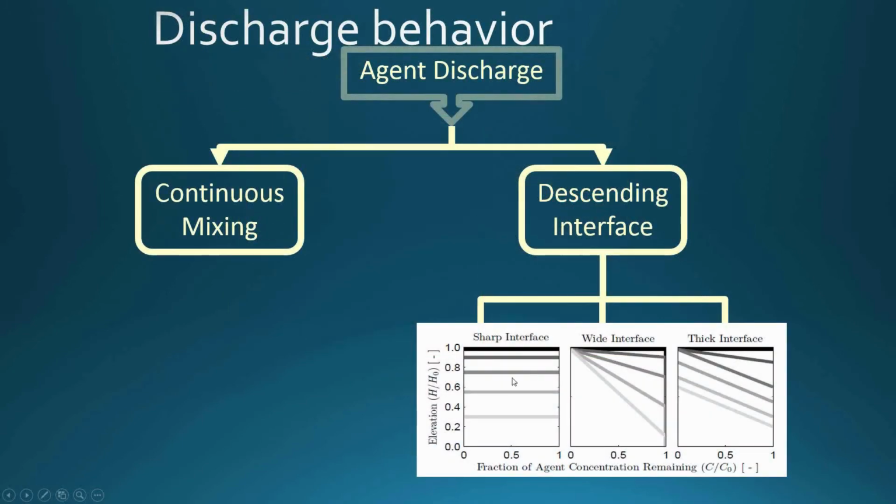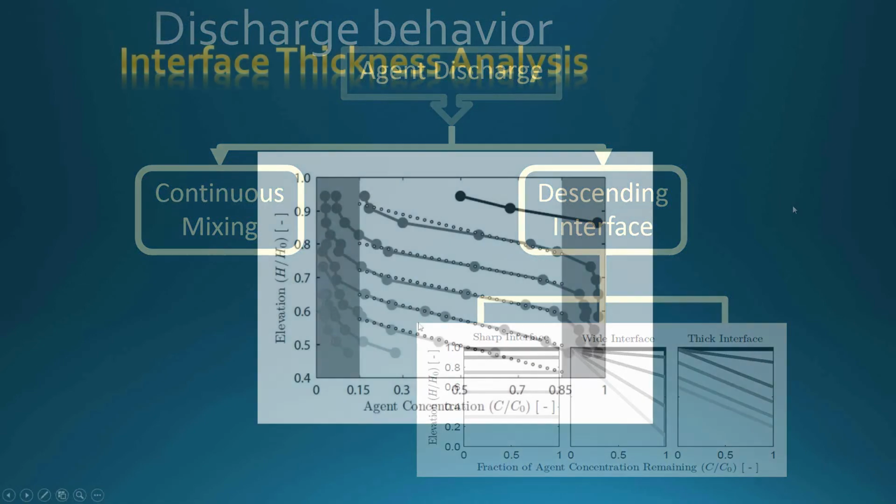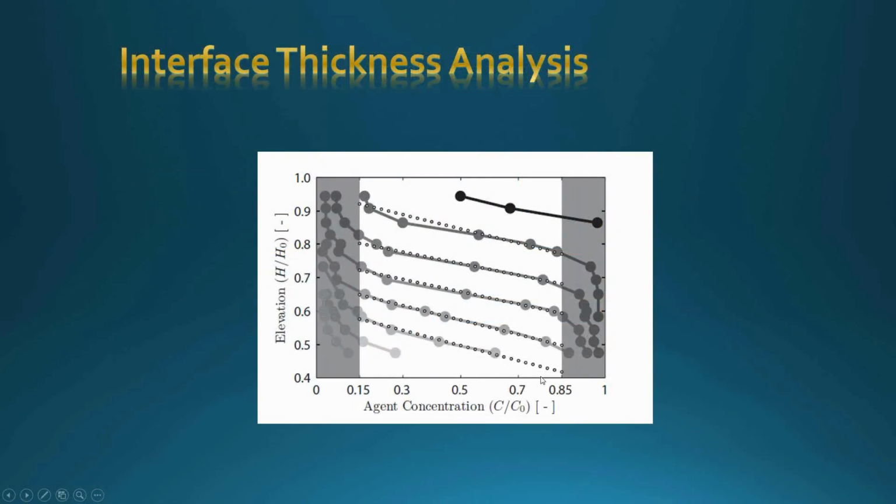So here we have a different kind of graphical representation of the sharp interface, the wide interface, and the thick interface. What it amounts to for the thick interface, which is how the agent actually performs in the enclosure, is the interface goes to its characteristic thickness and stays there regardless of height, and I'll be showing that. This is what an interface actually looks like, and I won't spend a lot of time on this.